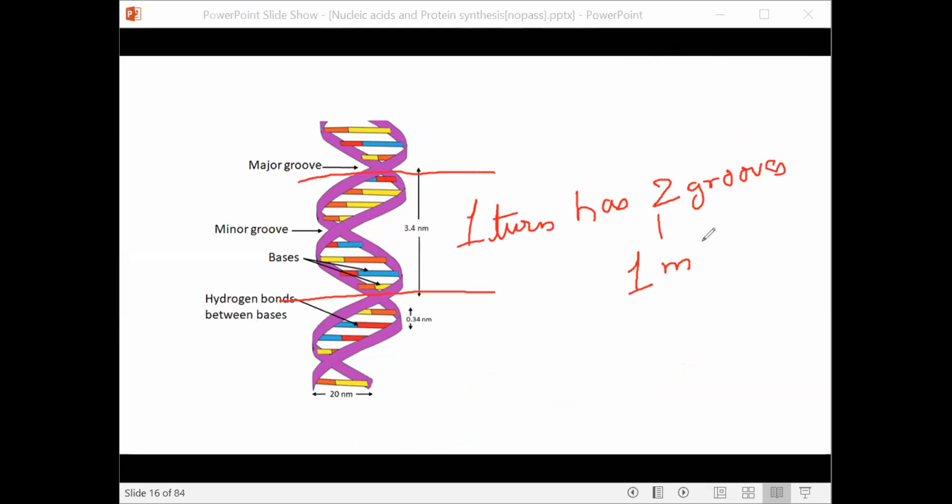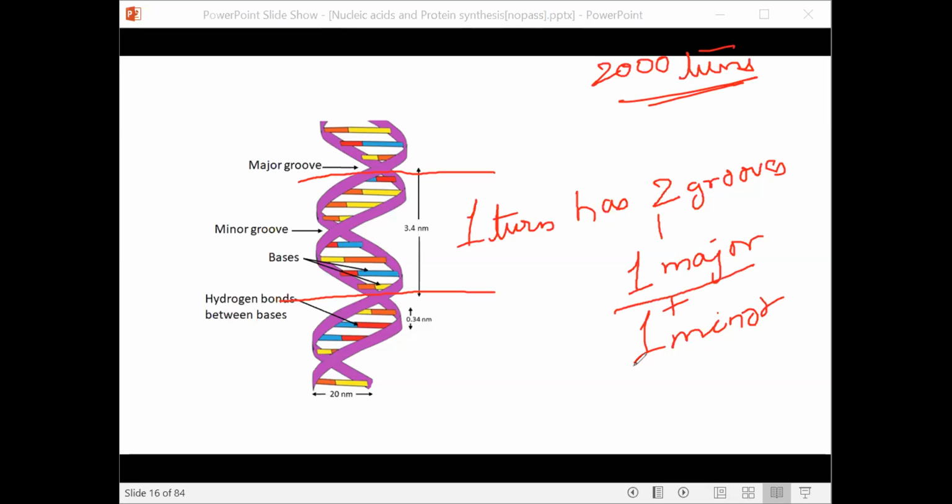Yes, Prathamesh, I will tell you that. One major plus one minor. So if there are 2000 turns, there are 2000 major and 2000 minor. One turn has two, so 2 into 2000 becomes 4000.